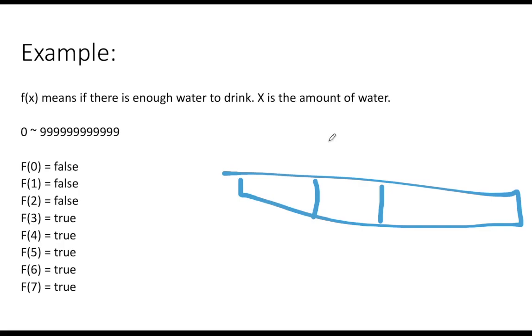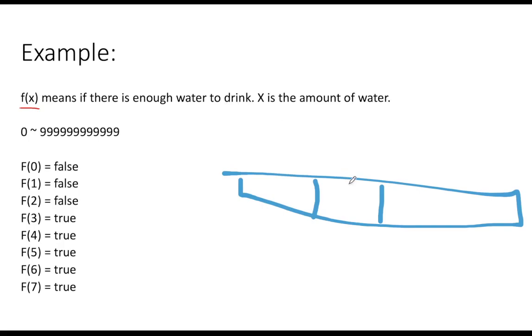That may sound like a kind of boring description, so I'm just going to explain it with an example. Let f of x, the f function, represent whether there's enough water to drink, and x is the amount of water. In this case, you are trying to look for the minimum amount of water that's enough to drink.